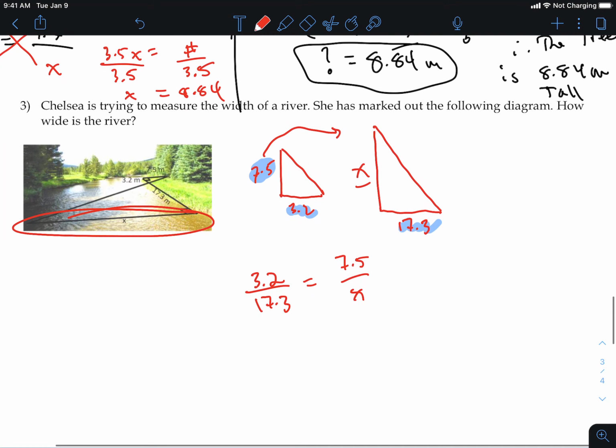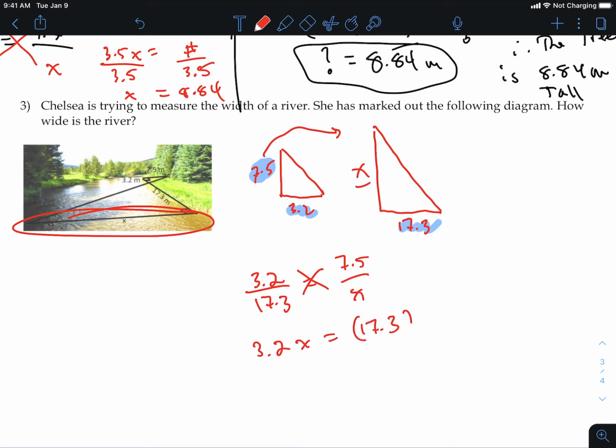Okay. Cross multiply. 3.2x is equal to 17.3 times 7.5. Divide both sides by 3.2. Cancel, so x is equal to, has anybody done that?